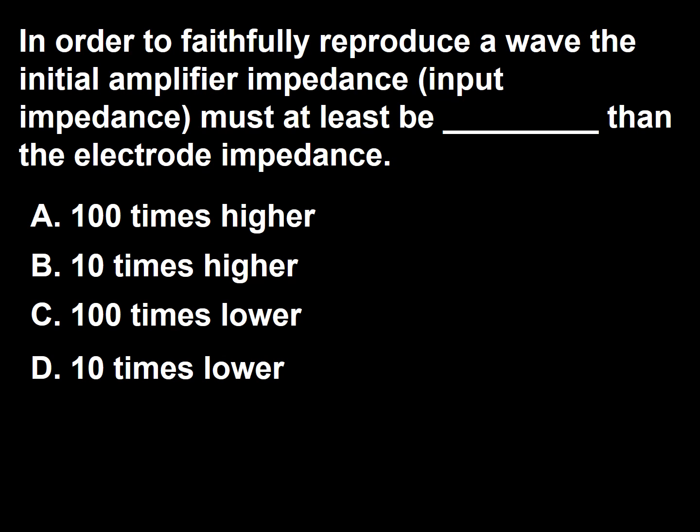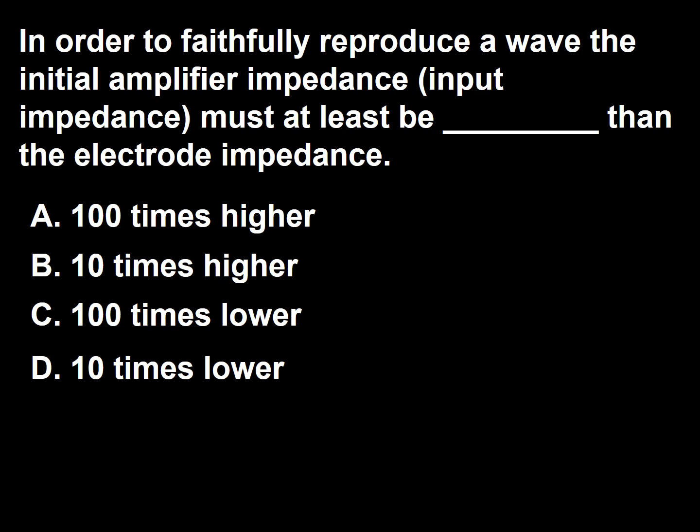Next question. In order to faithfully reproduce a wave, the initial amplifier impedance must at least be blank than the electrode impedance. A, 100 times higher. B, 10 times higher. C, 100 times lower.